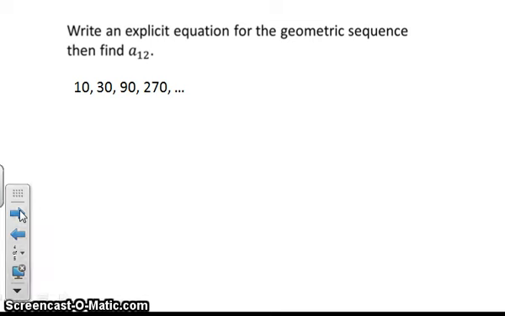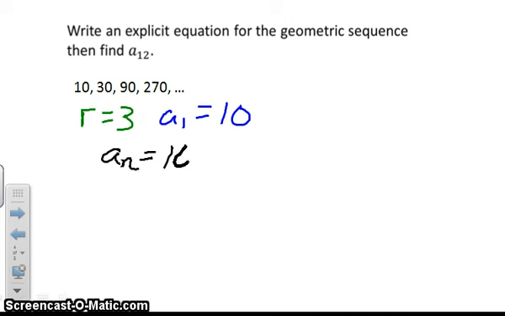Here's the next one. Write this down. All right, so what's the common ratio for this problem? 3. What's a sub 1? 10. All right, so my formula is a sub n equals 10 times 3 to the power of n minus 1.